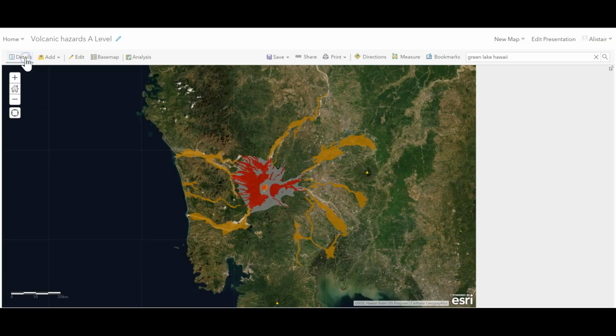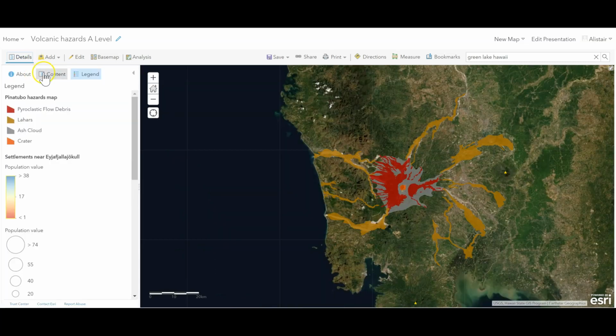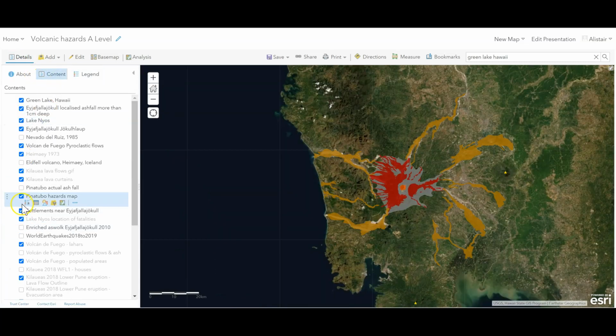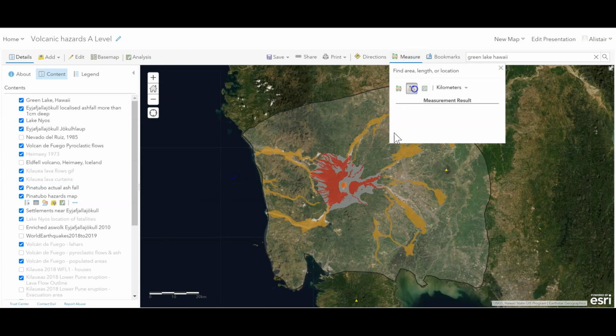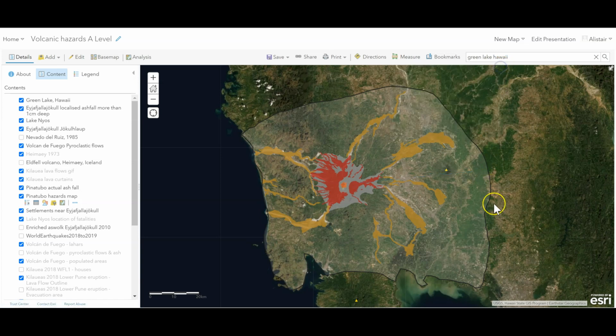Well, they got the forecast pretty good, but there was one thing that they underestimated when the eruption came out, and that was the ash cloud itself. So the ash cloud was more like this kind of distance. So if we put this on here, we can see that the ash cloud is coming up to about 50-60 kilometers away. So it affected a much larger area than was first thought.